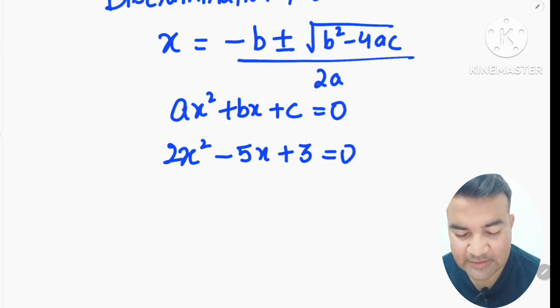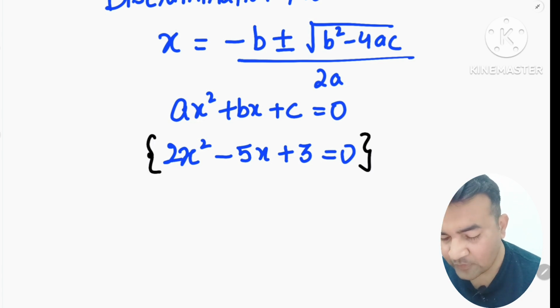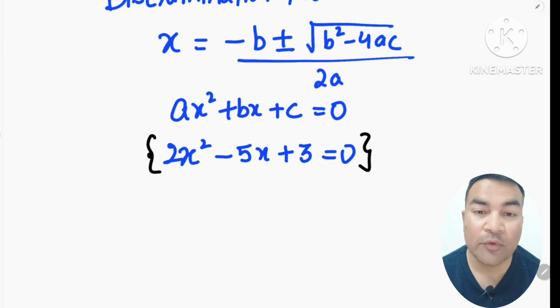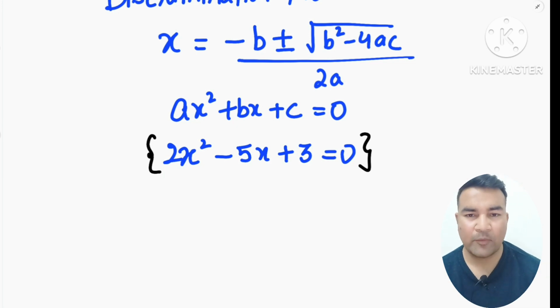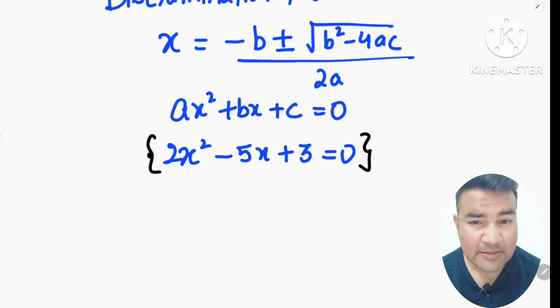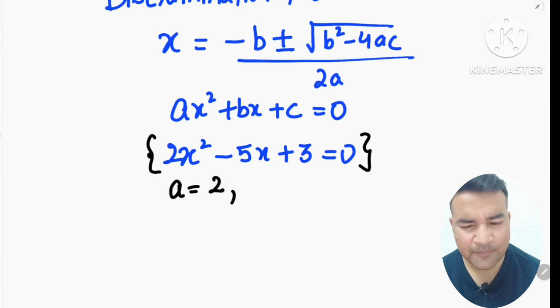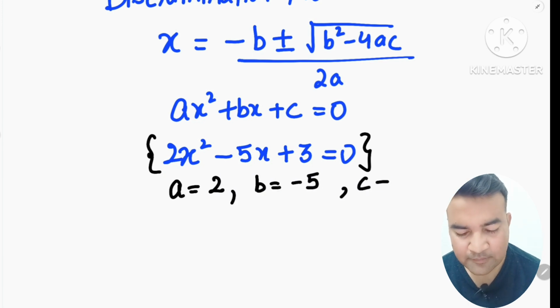This is an example that we have already done and we know the roots. But here I will check whether we are getting the same answers or different. Now from here, can you identify a, b and c? Yes, a is 2, b is minus 5 and c is 3.